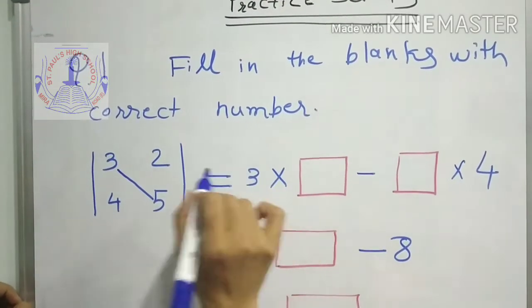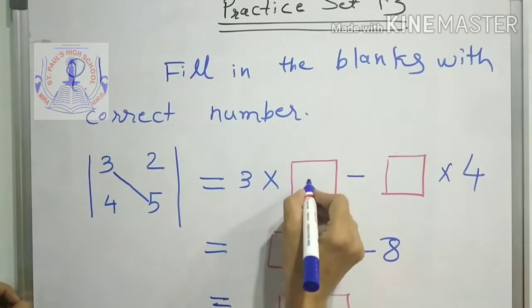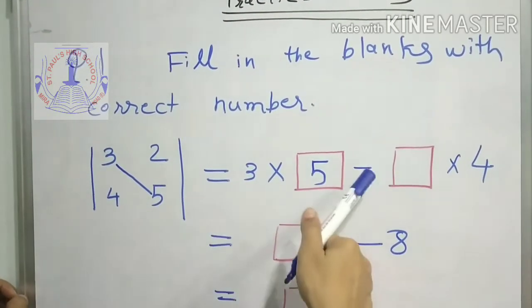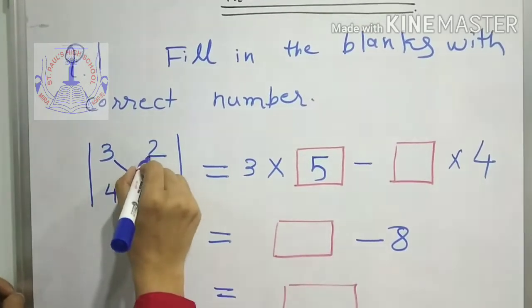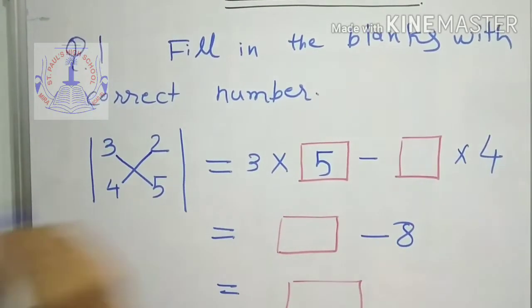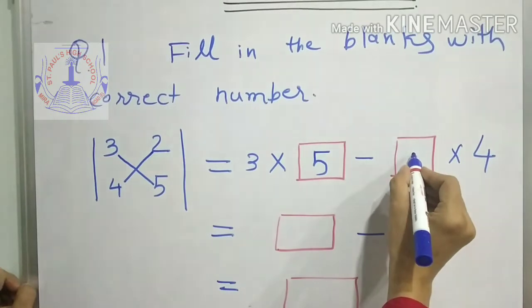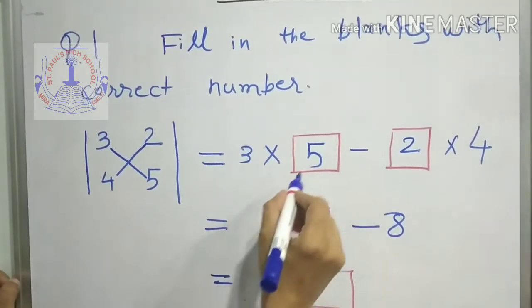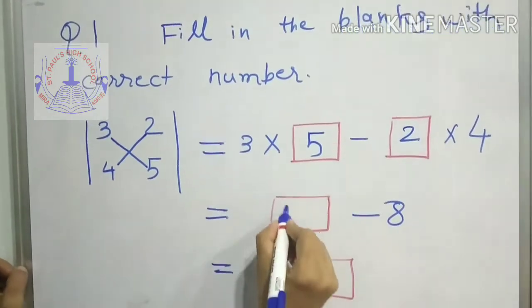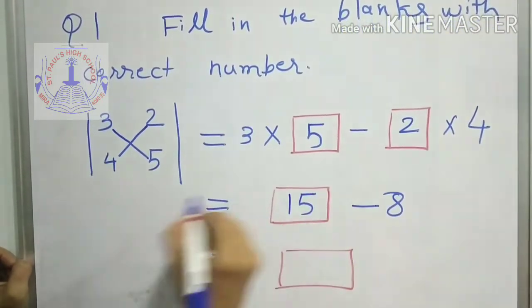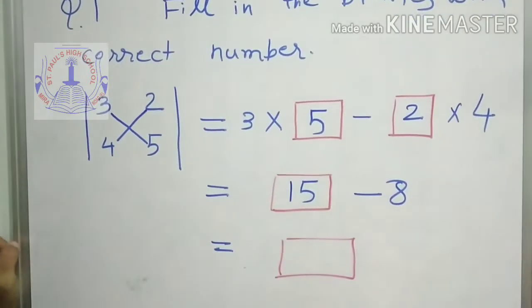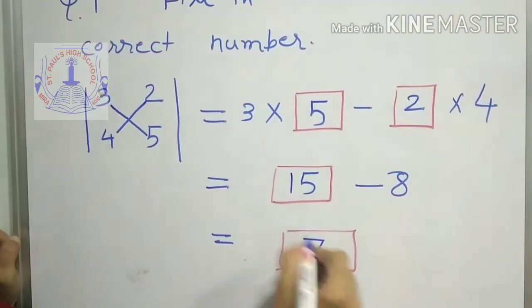Here 3 into box is given, so we write 5 in the box. Minus sign, 2 into 4. Here 2 is missing, which we need to write in the box. Now all of you know that 5 into 3 is 15, minus 4 twos are 8. So 15 minus 8, the answer is 7.